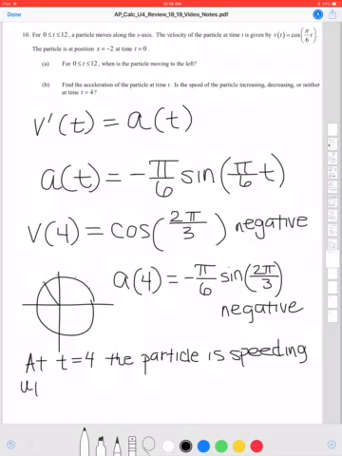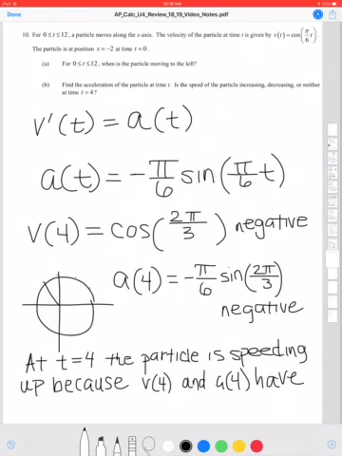Or the speed is increasing, you could say. Because this is important, you want to say that v of 4 and a of 4 have the same sign.